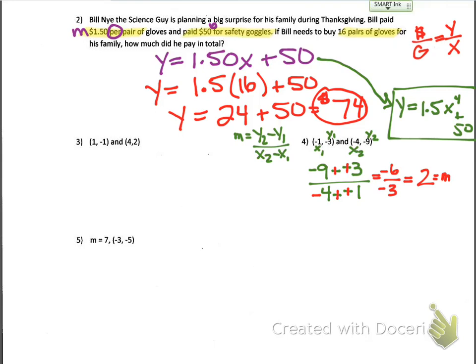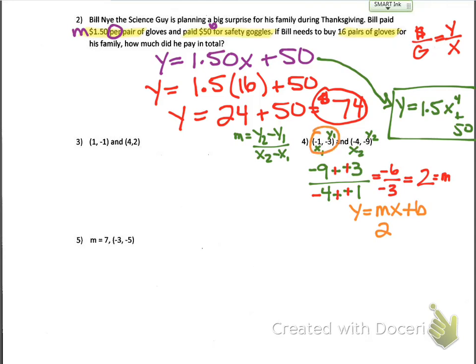Now I have to find the y-intercept, because the two things I need are the slope and the y-intercept. But how do I find it? Well, in my equation y equals mx plus b, I already have the slope, which is 2. Wouldn't it be awesome if I knew what y and x were to find b and get it by itself? Oh, that's right, I can pick one of the points up here.